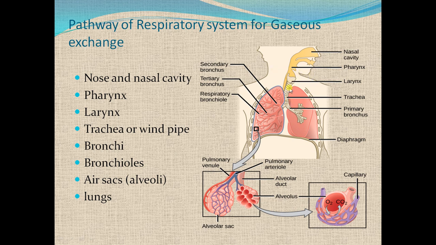Then this is this tube-like portion. This is called trachea or windpipe. The upper portion of this trachea is called larynx. This is slightly enlarged. This is also called sound box or voice box because sound is produced here.